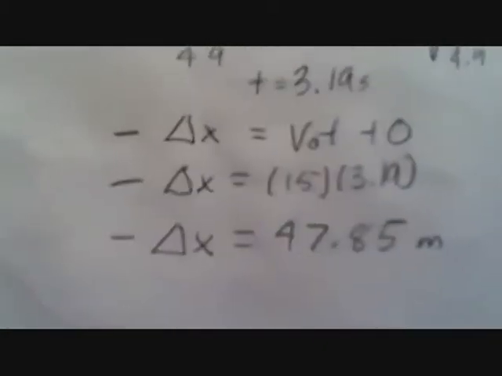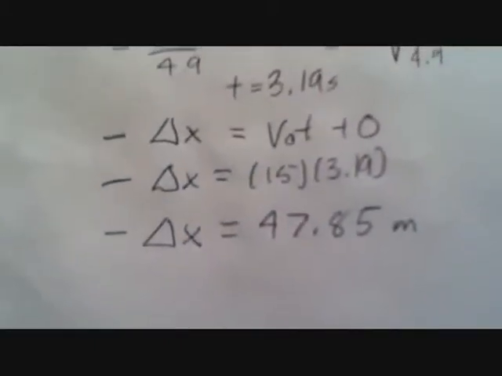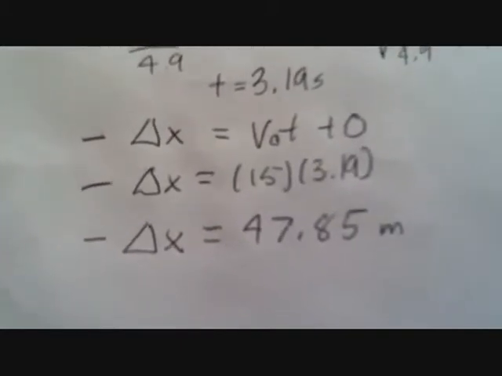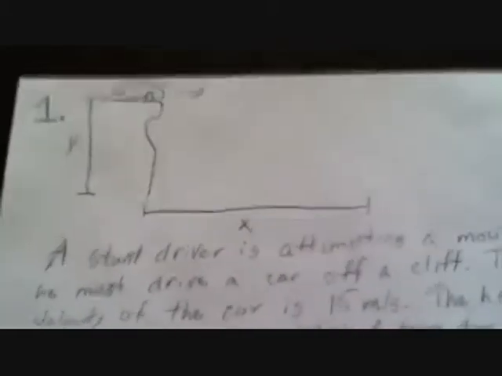And since we already have initial velocity, we can just multiply 15 times 3.19, which is the time we already found, and then you will get delta x equals 47.85 meters. So that is the delta x, which is the distance the car covers in its flight.